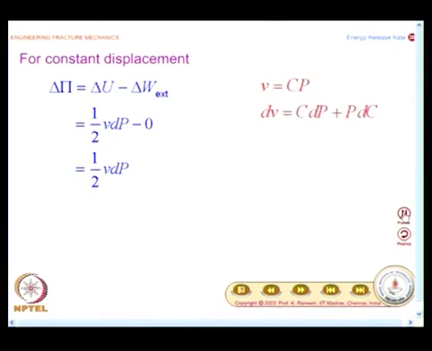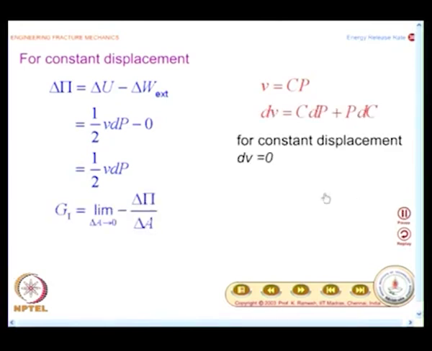Anyway, we will look at the mathematics. You have to recognize for constant displacement dV equal to 0. In the earlier case, when we looked at constant load, this term was going to 0. So, we simply wrote what is dV. Now, dV is 0.